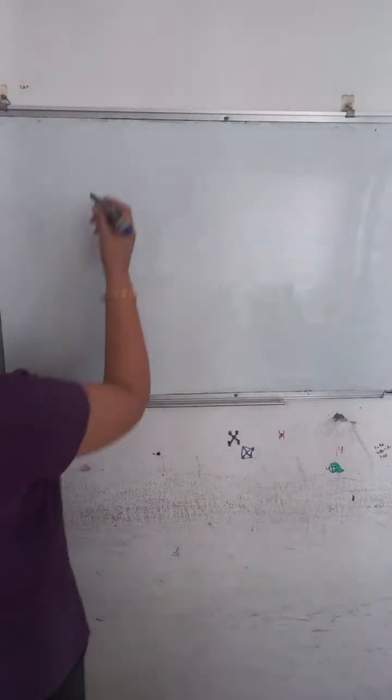I'll repeat. If the angles of the quadrilateral are x degrees, x minus 10 degrees, x plus 30 degrees, and 2x, find the measure of all angles.